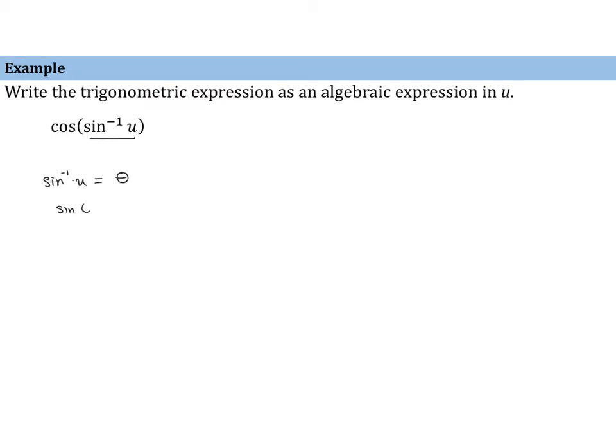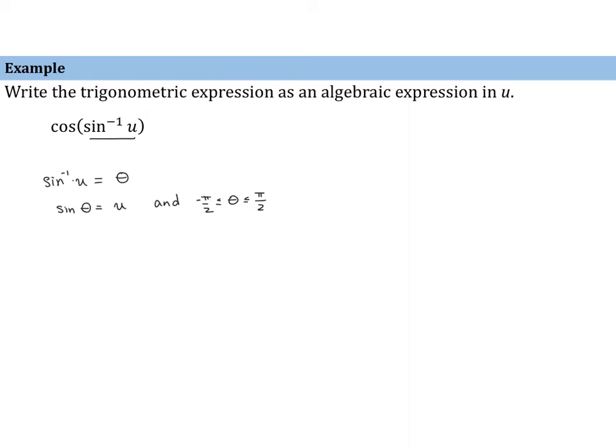That means sine of theta will equal u, and we know that theta is between negative pi over 2 and pi over 2 inclusive. So, how do we relate sine of theta and cosine of theta?